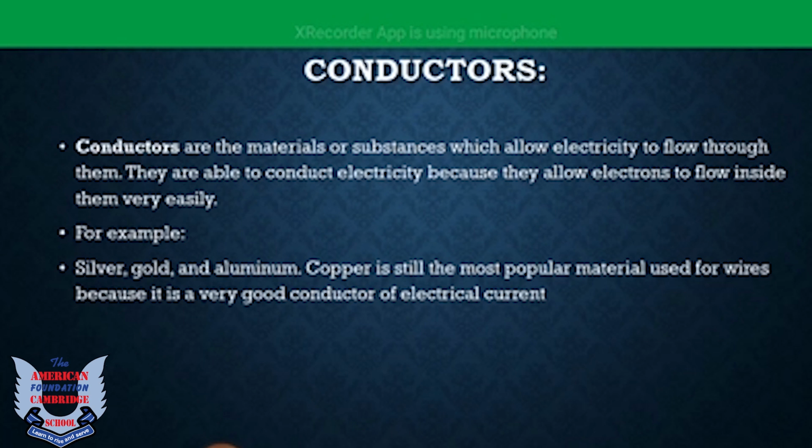They are not bound to a fixed position. That's why they can move very easily and they can carry electricity through them. For example, silver, gold, aluminium are good examples of conductors, but copper is still the most popular material used for wires because it is a very good conductor of electrical current.